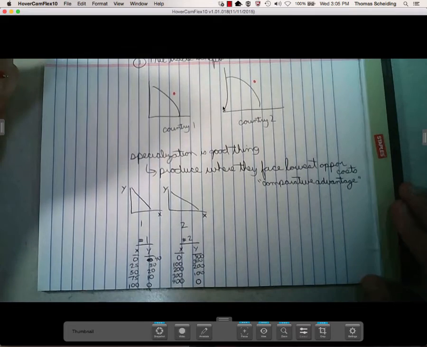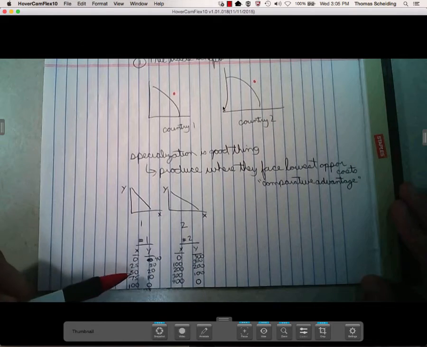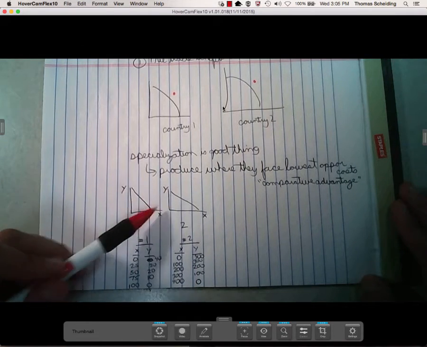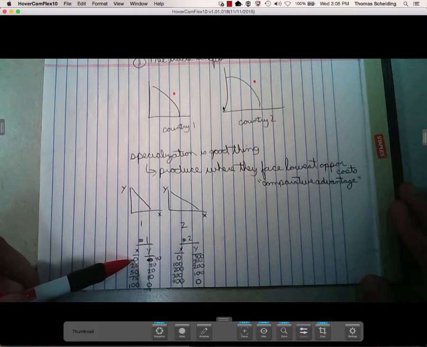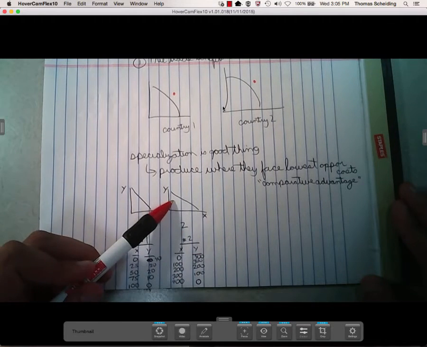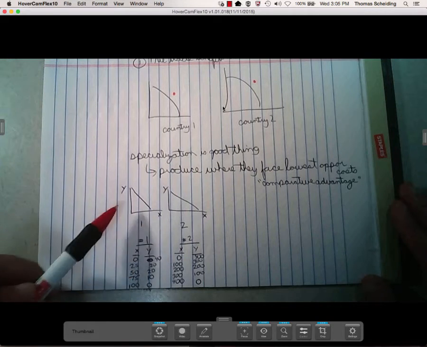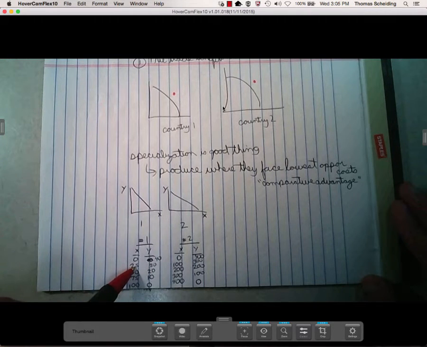Make my life easy. So these are now the points on each of their production frontiers. All I've done is deduce possible points on each of these frontiers. There's a point on the frontier for country number 1 that's at 25 units of good X and 30 units of good Y.